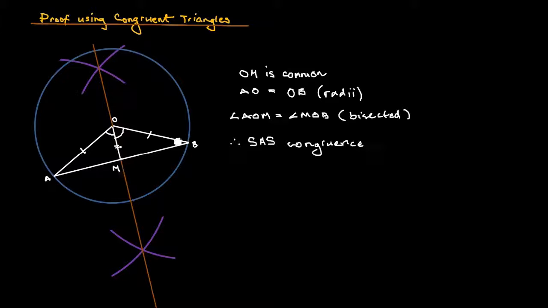So in other words, everything must be the same, all the sides must be the same, all the angles must be the same, and therefore the base angles, which was what we were going for here, must be equal.